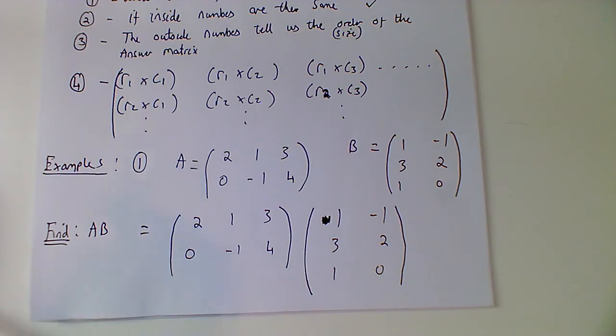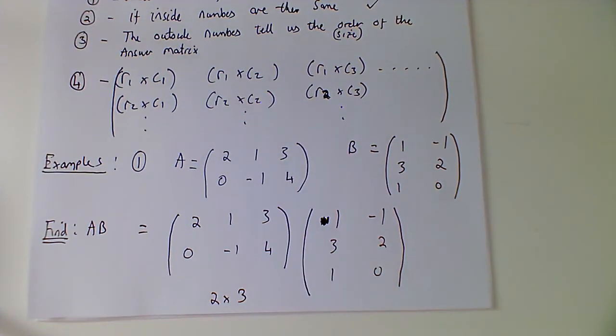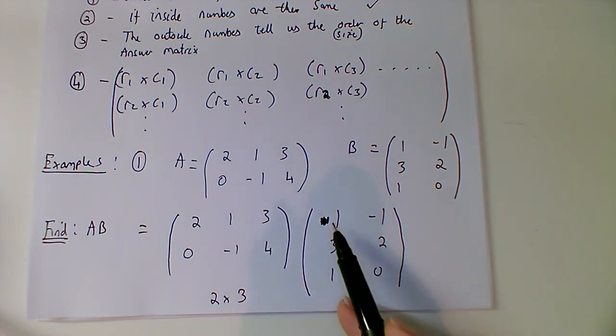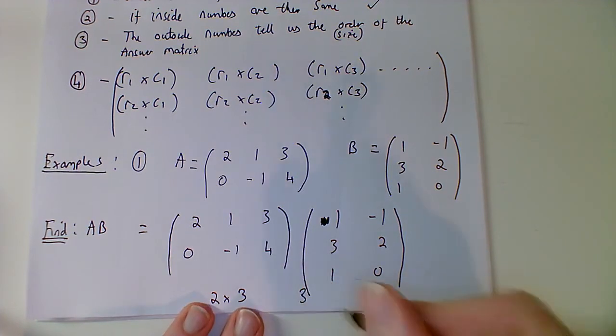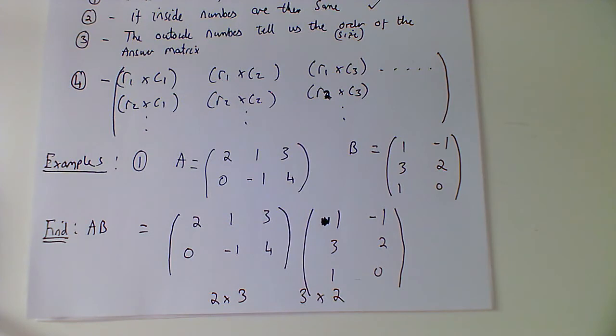Now, you then write the order of the matrices or the size of the matrices underneath to make sure they conform. So that's got 2 rows and 3 columns. So that's a 2 by 3 matrix. In this matrix here has got 1, 2, 3 rows and 2 columns. So that's a 3 by 2 matrix.